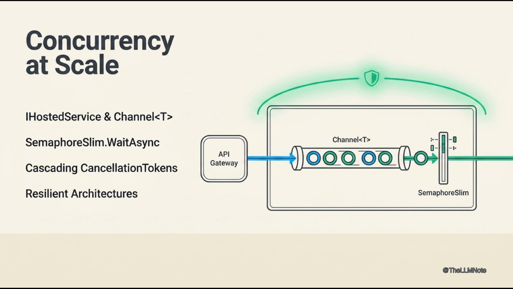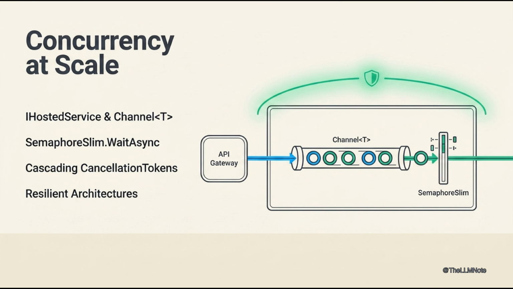Concurrency at scale. Modern .NET microservices leverage background processing via IHostedService and Channel for reliable queues. Throttling with SemaphoreSlim.WaitAsync prevents resource exhaustion under load. Graceful shutdown cascades cancellation tokens, ensuring in-flight operations complete.